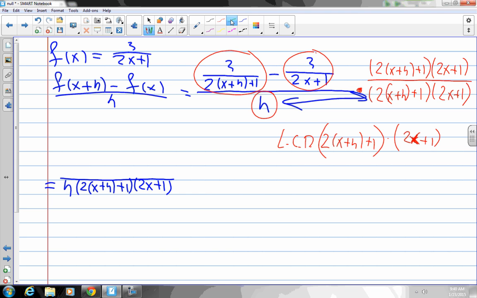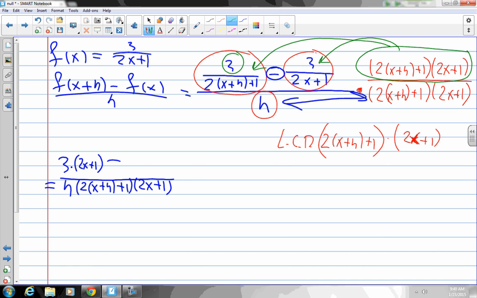But in the numerator, something fun happens. You take this whole thing and multiply it by the first fraction. The big denominator cancels with 2 times x plus h plus 1, and we're just left with a 3 and the second part, 3 times 2x plus 1. Minus, we do this product again.